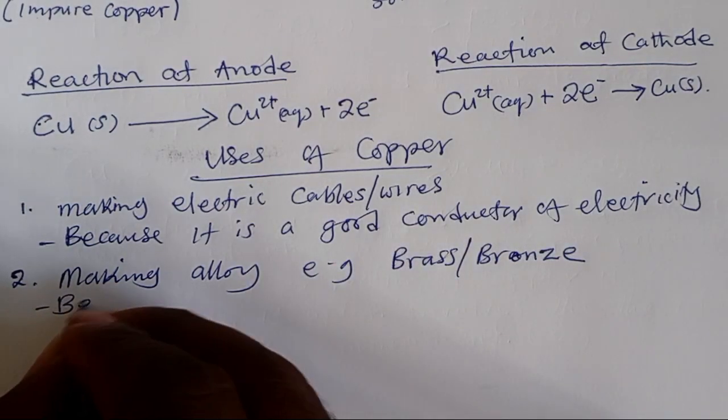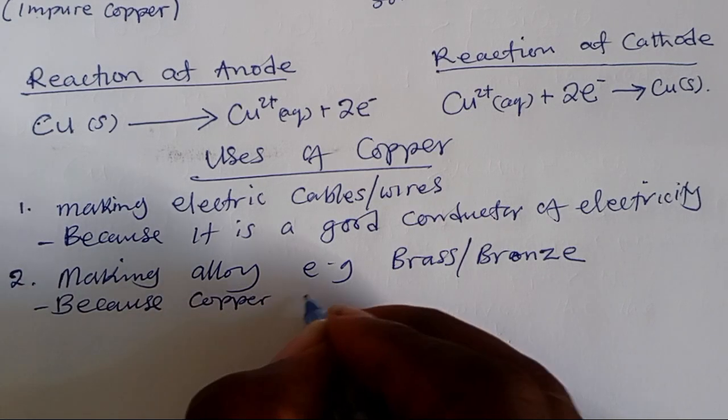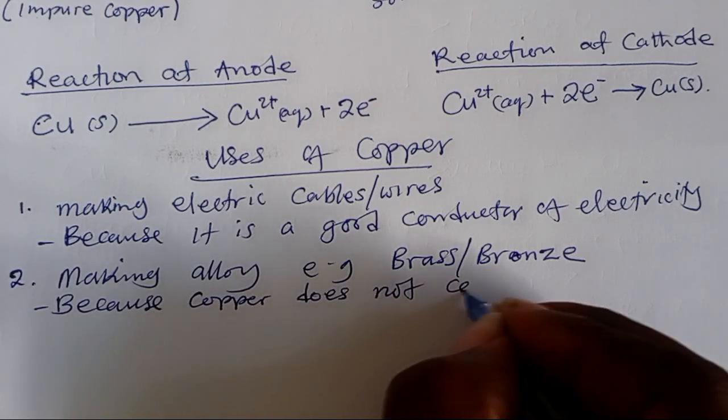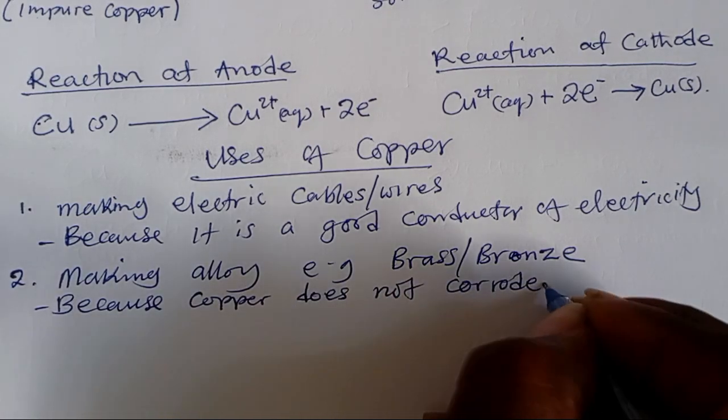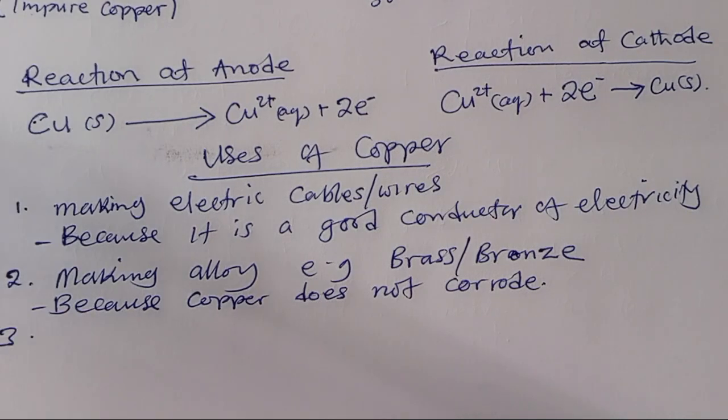Then number 3, copper is used to make domestic water pipes in plumbing.